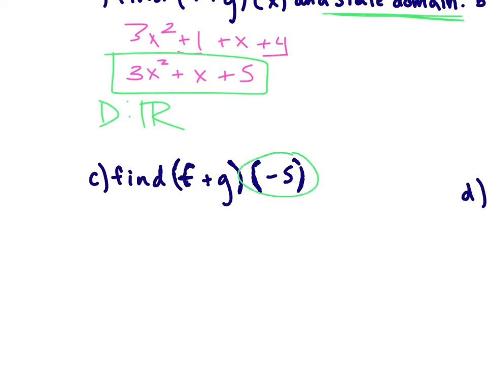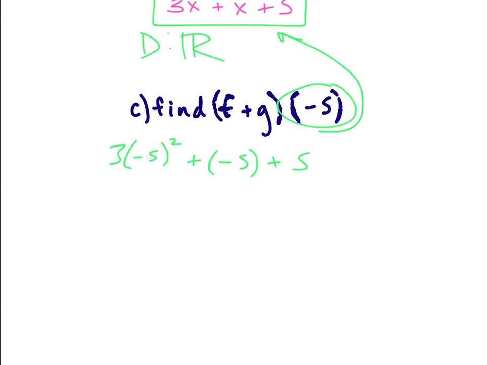So all we have to do is plug in -5 into all of our x's here. So we have 3 times -5 squared plus -5 plus 5. So just this -5 is being squared. So what is -5 squared? 25.